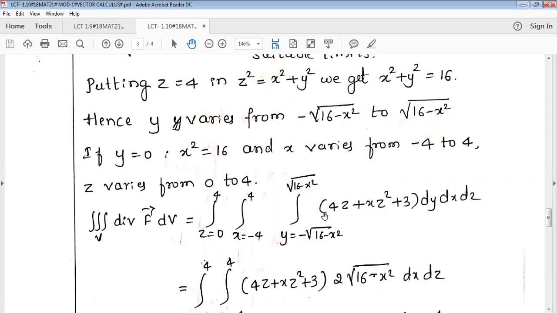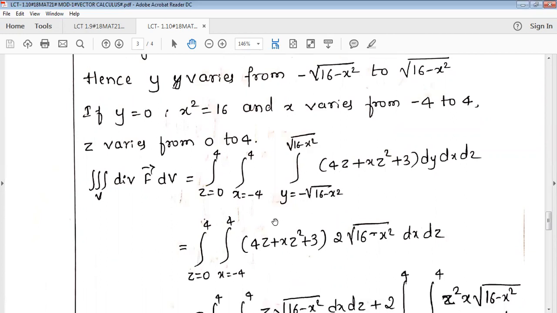So our del dot f is 4z plus xz squared plus 3, with dy dx dz. Now take the limits carefully and integrate. So z is from 0 to 4, the second integral x from minus 4 to plus 4.